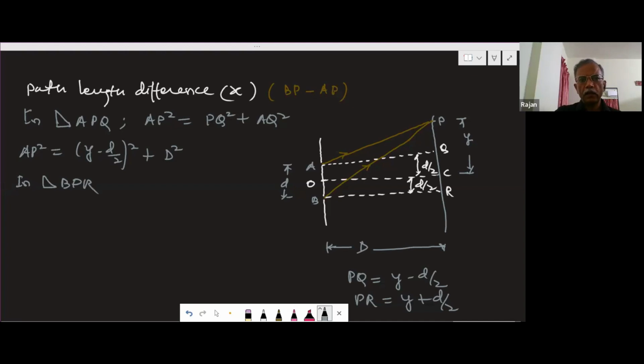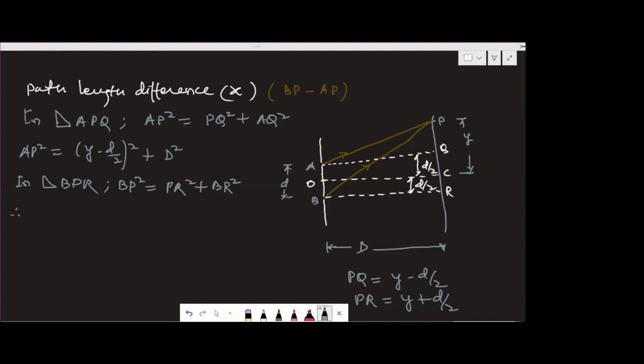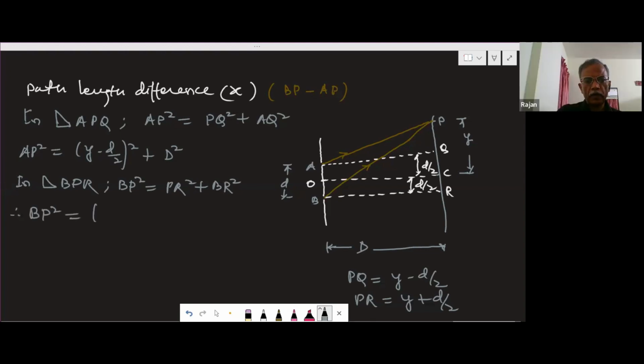Your BP square will be PR square plus BR square, isn't it? So therefore your BP square will be Y plus d by 2 whole square plus D square, correct?